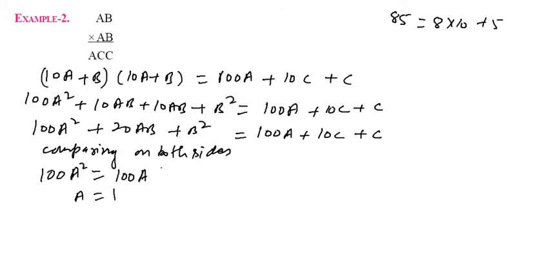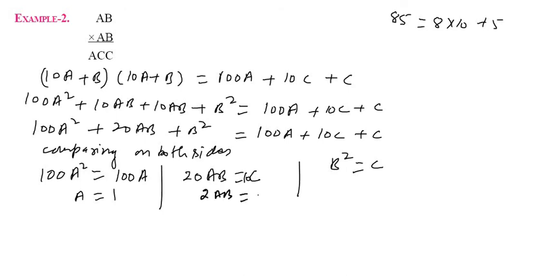Now come to the second one: 20AB is equal to 10C, so you can say 2AB is equal to C. Put the value of A, so 2 into 1 into B is equal to C.